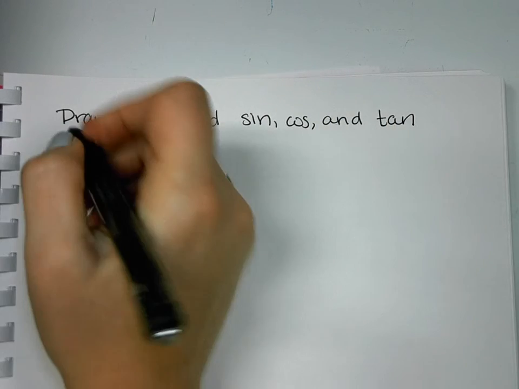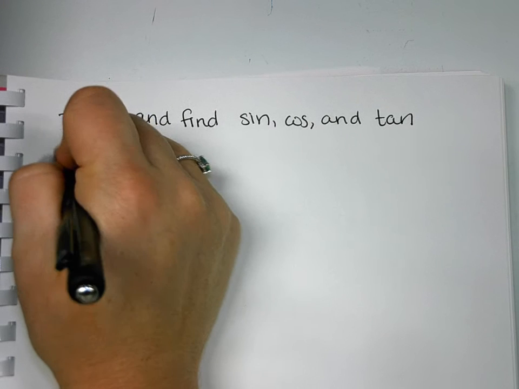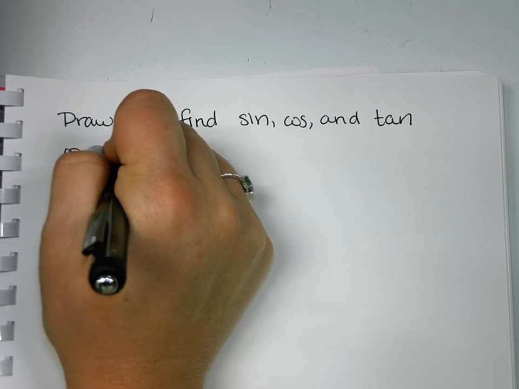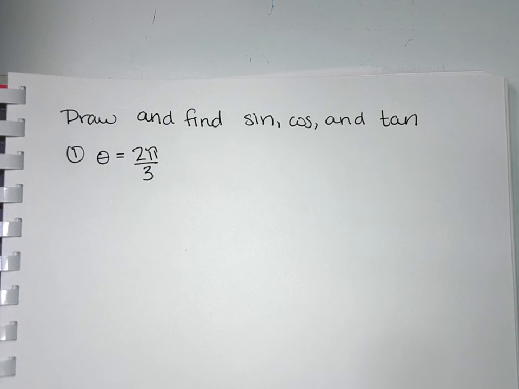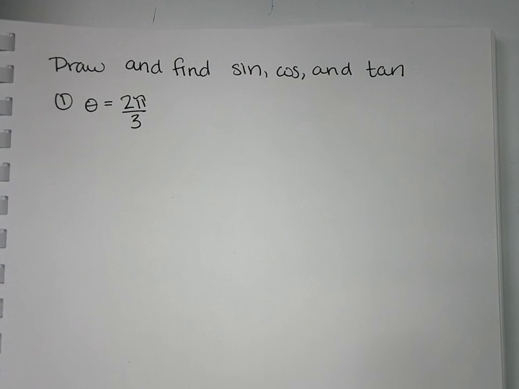All you're going to be given is an angle. With this, you're going to have to do, again, a little bit of critical thinking, but it all is going to come back to that unit circle, and it's going to be something off of that unit circle.